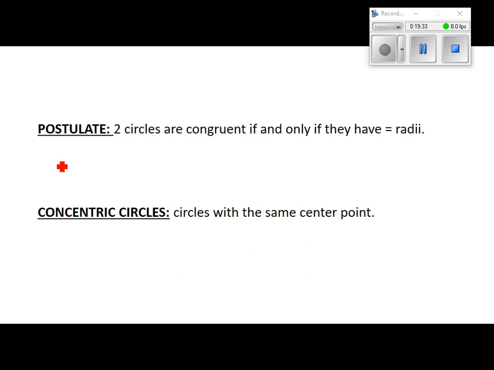Something else I want you to write with this one. All circles are, anybody remember what that symbol means? Similar. All circles are similar. For 2 circles to be congruent, they have to have the same radius.